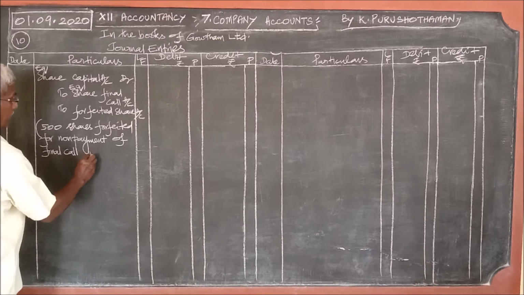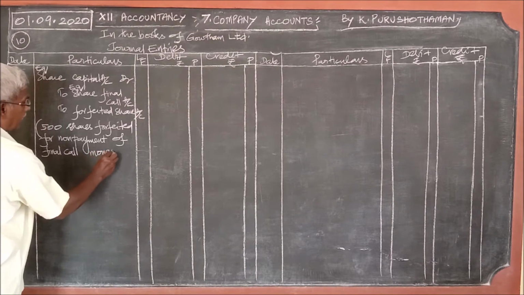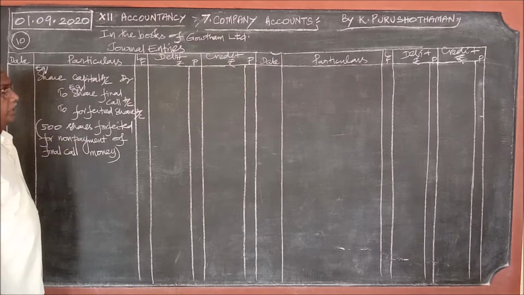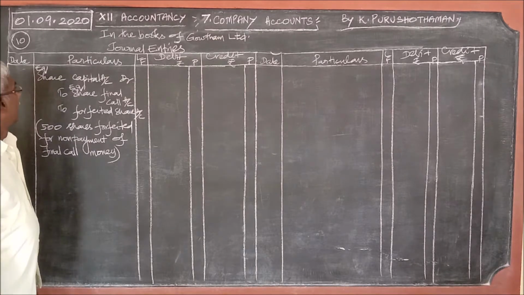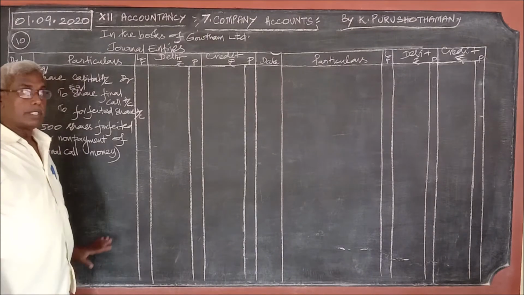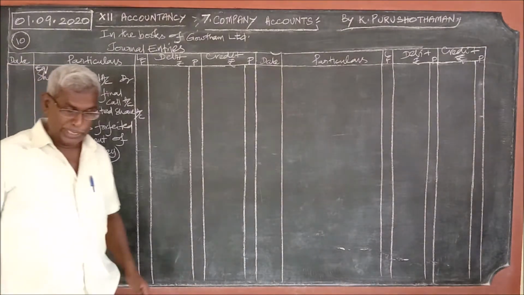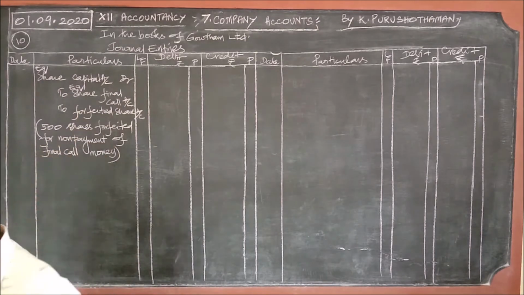This is for forfeiture. Then what about reissue?